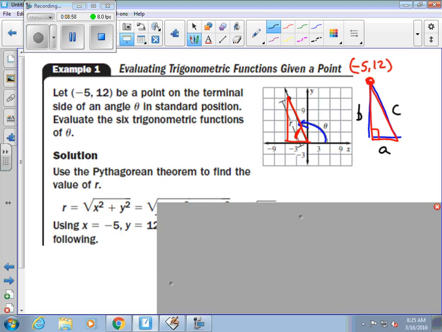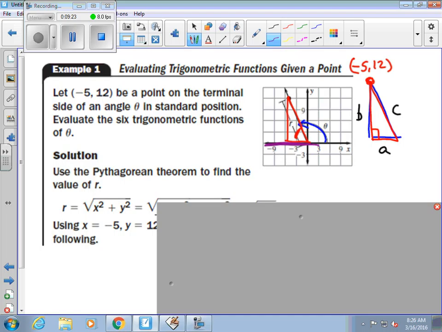The negative 5. So think of this reference triangle, or this reference angle, however you want to say it, as coming from the x-axis. So that's the x-axis. Which one is on the x-axis? A, B, or C?